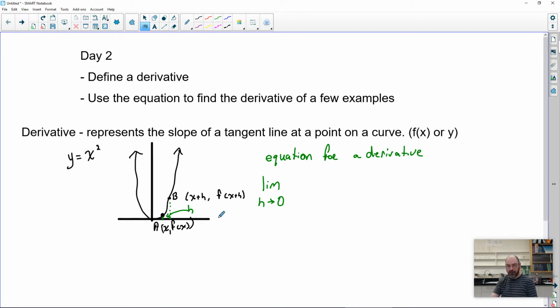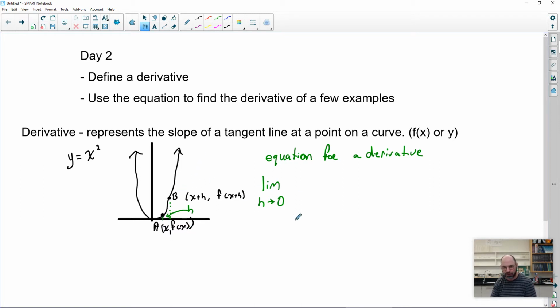It's going to be the limit of that. If we take the slope, which is change in y over change in x, it would be f of x plus h minus f of x. We'll do that on top because we're doing the slope, because that's what the derivative represents.